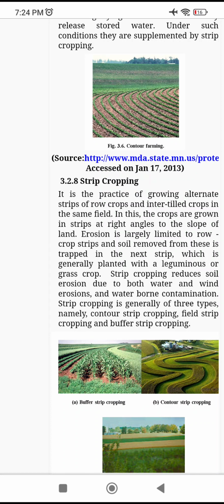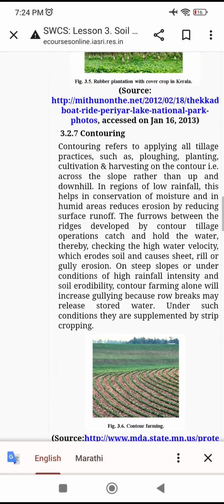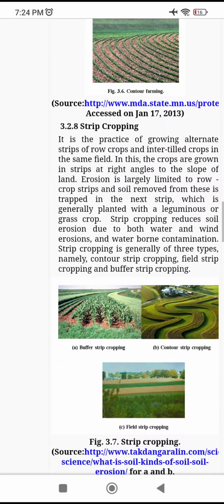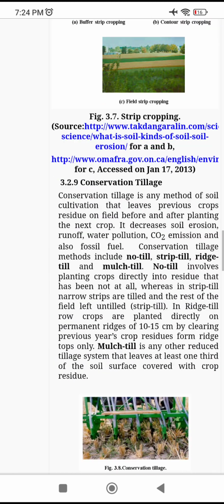The definition of strip cropping you should know, and the definition of contouring also. From exam point of view, they will ask: dash is the practice of growing alternate strips of row crops and intertilled crops in the same field. The answer is strip cropping.